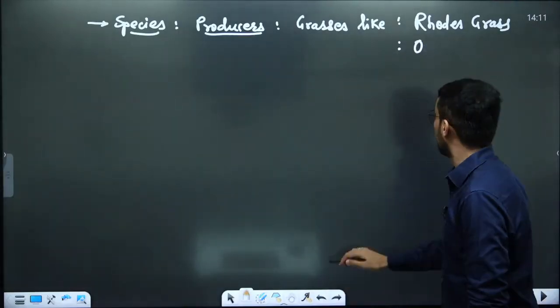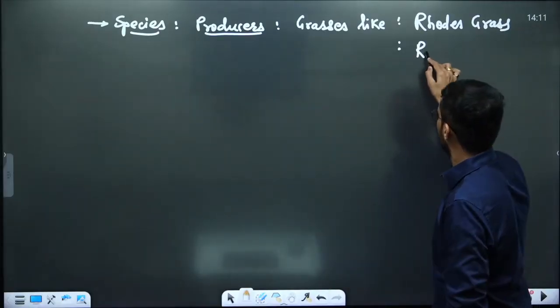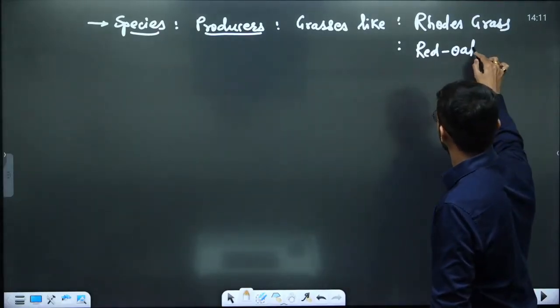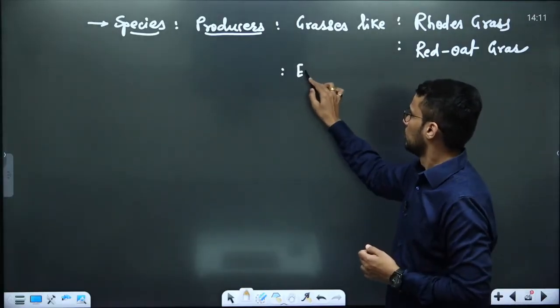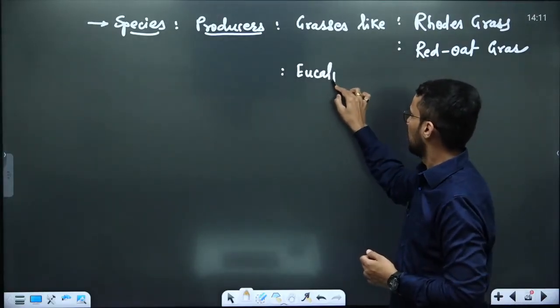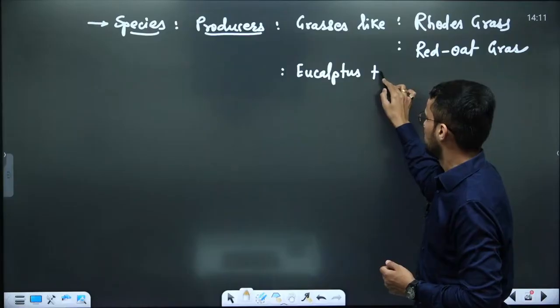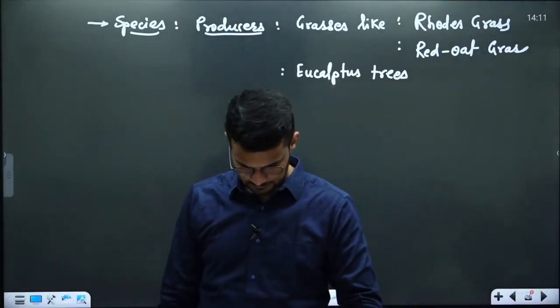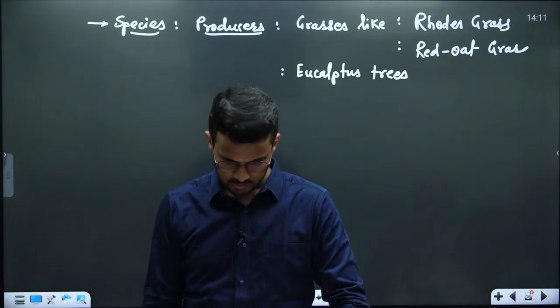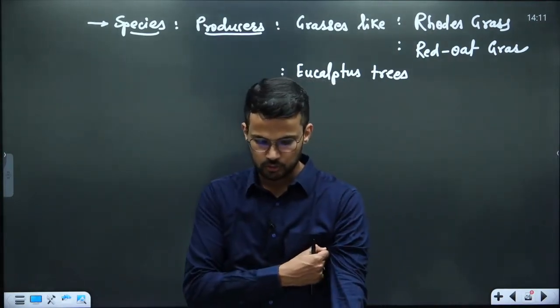Red oat grass. Eucalyptus trees. Okay, so these are the important names that you should be aware of.